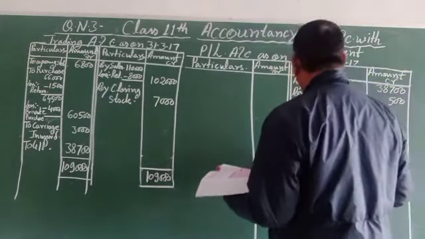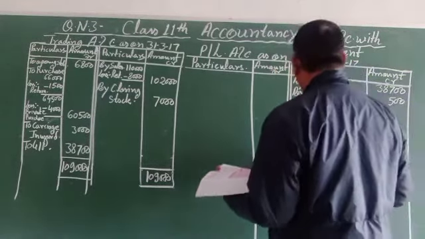And then after, the indirect expenses incurred in the accounting period. Now first short list all the items and whatever additional information is given also.